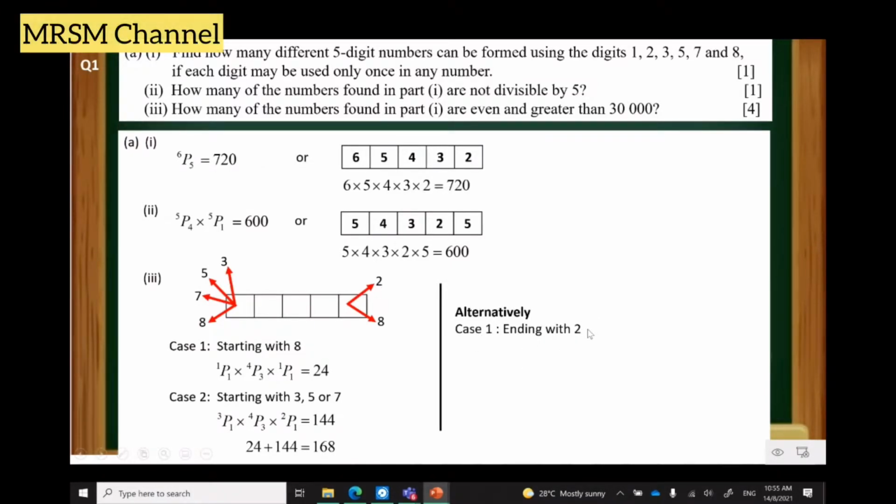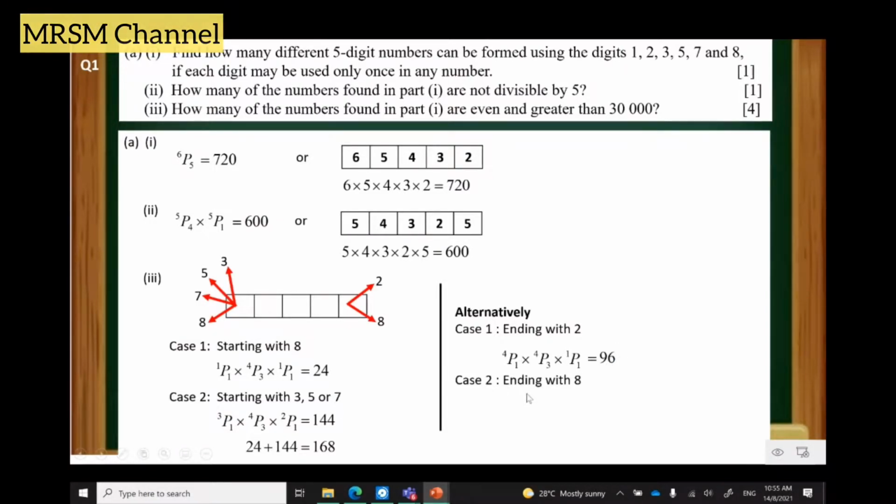We fix the number to end with 2, meaning that 2 cannot sit at the back anymore; only 2 takes the place at the back, and the first place can be filled by any of these 4 digits, 3, 5, 7 or 8. So 4P1 times the back is 1P1, and the middle is 4P3. So the total is 96.